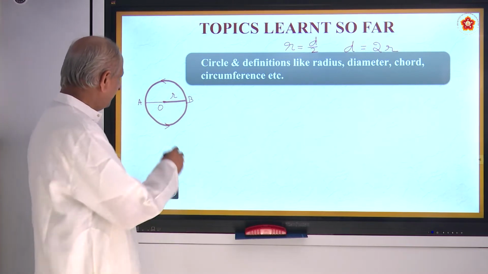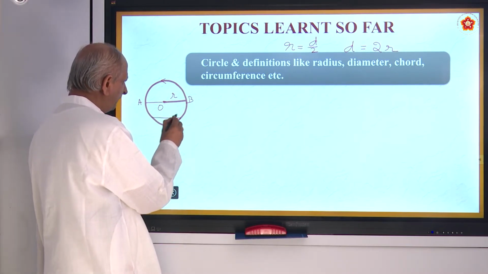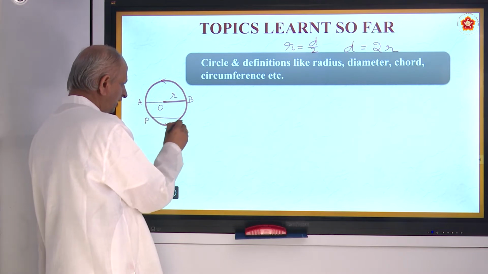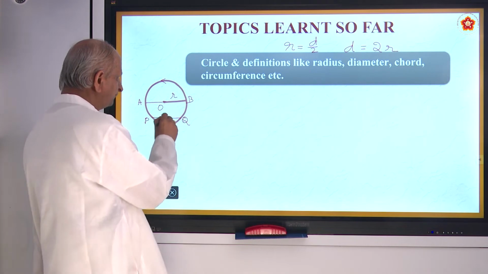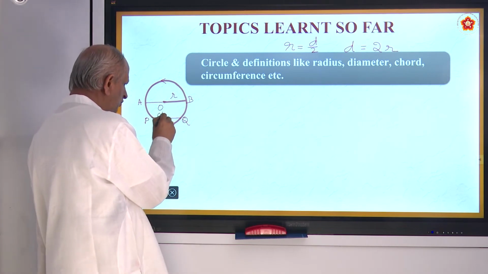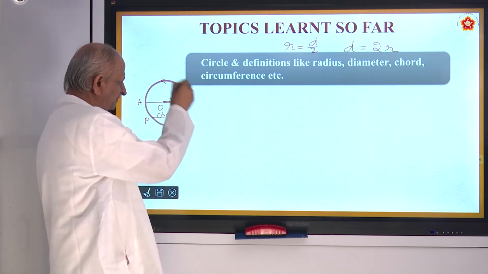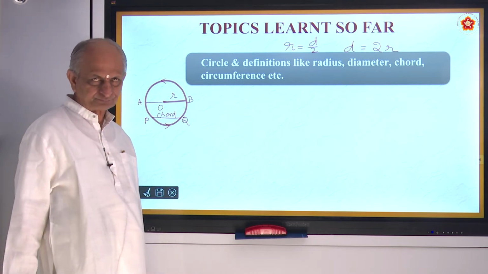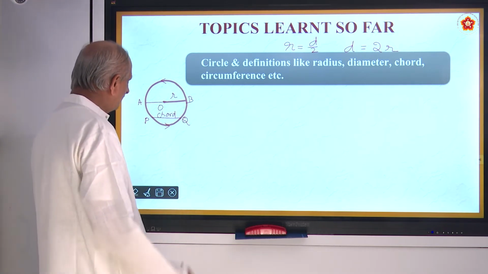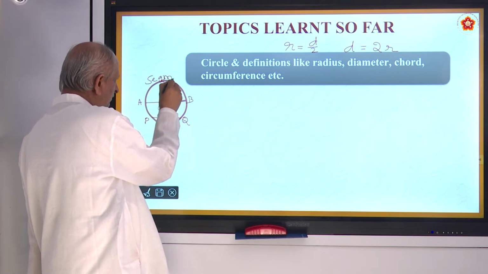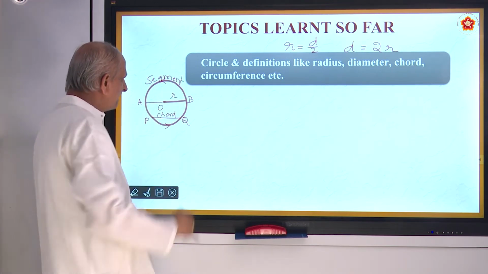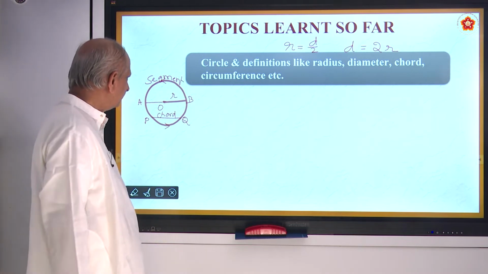A chord is a line segment joining any 2 points of the circumference of a circle. That is called chord. And what does the chord do? It divides the circle into 2 parts, and each part is called a segment. The part of a circle formed by the chord is called a segment.